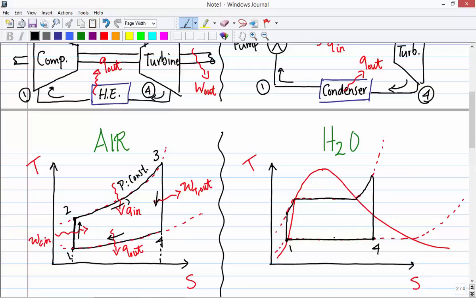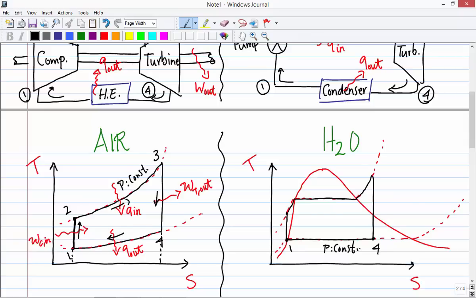See, it's a horizontal line, but we might subcool point one, we might go lower, like there. In the example I'm going to talk about, we do that. It says that the condenser subcools the vapor. Anyway, we are sure that pressure is constant, so we will be on this dashed line. In the condenser, pressure is constant all the time.